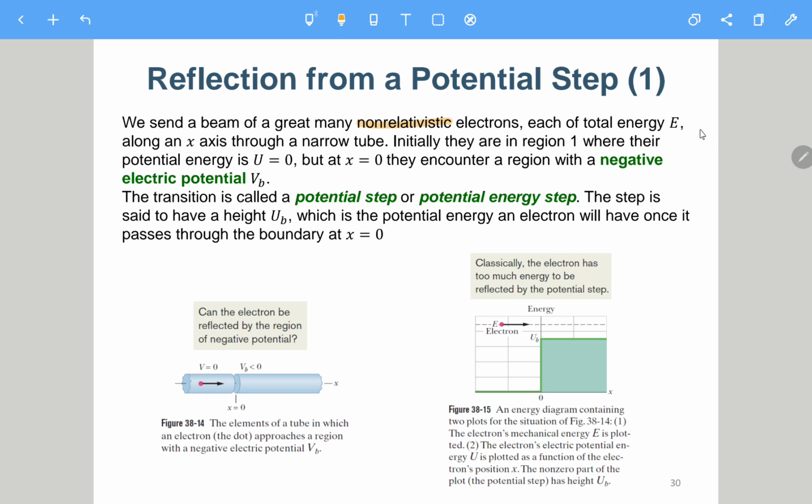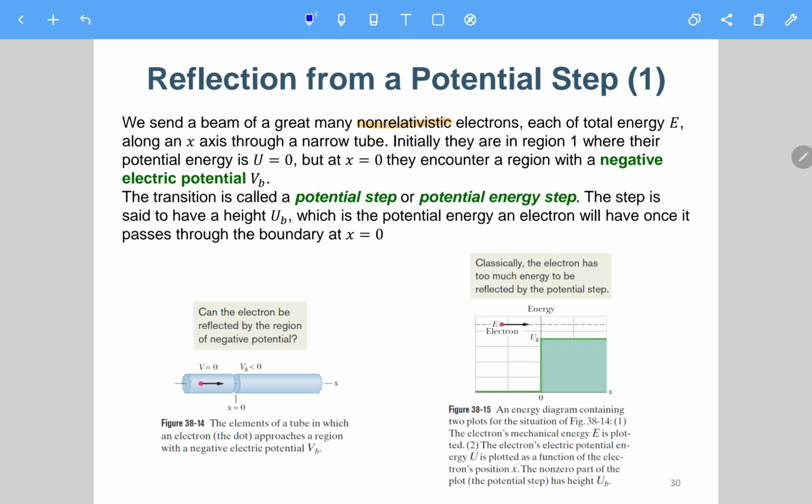Each electron has total energy E along the x-axis through a narrow tube, something like a wire. Initially they are in region 1, where the potential is U equals 0. So there's a potential energy, or electric potential, something like the voltage.